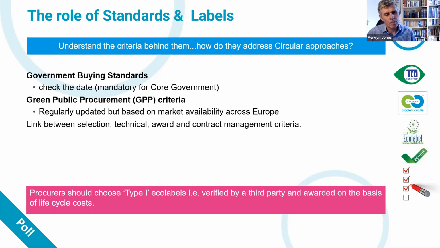Green public procurement criteria have both core and comprehensive levels, so you've got 2 different levels in terms of what you can use, and there's a broad range covering over 20 different product groups on the EU website.